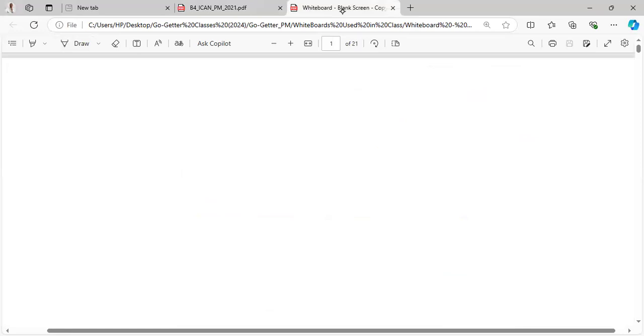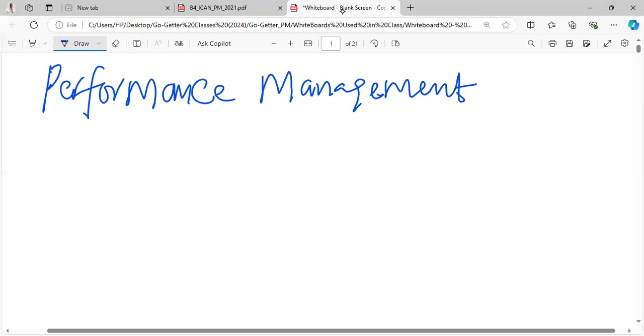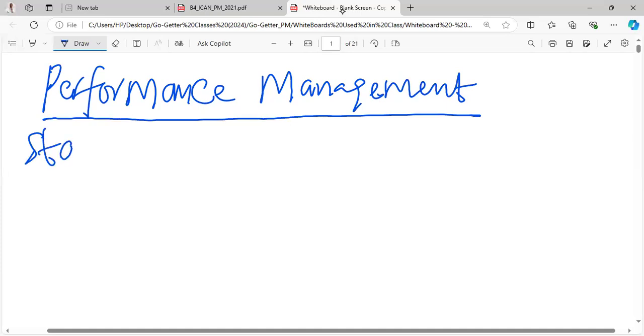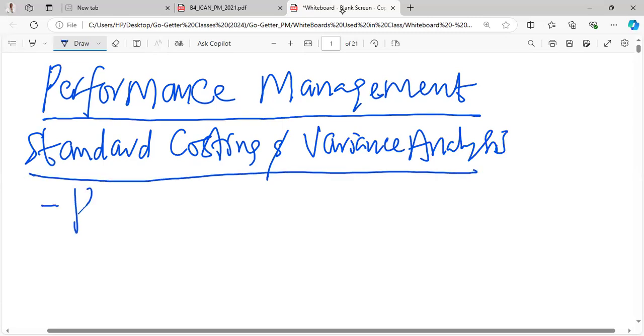So this is Performance Management. This is Standard Costing and Variance Analysis, part 2.